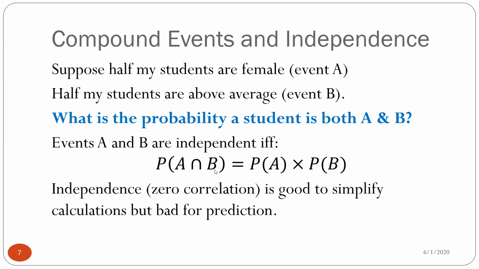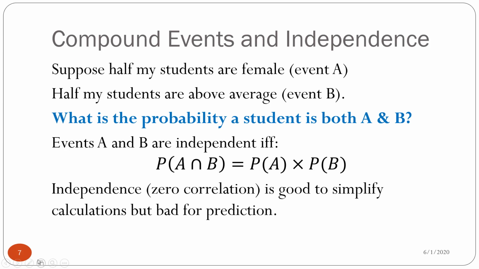Let's assume that, and most often that is the case, right? The intelligence has nothing to do with the gender. So what would be the probability that you pick a student and the student happens to be female and above average? That will be the probability of the student being female times the probability of the student being above average.